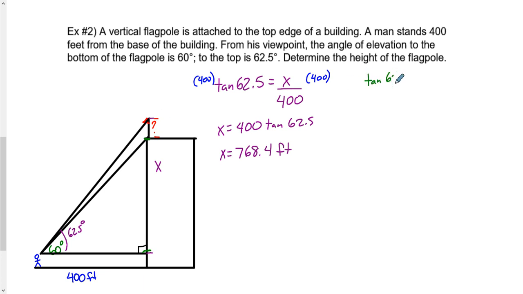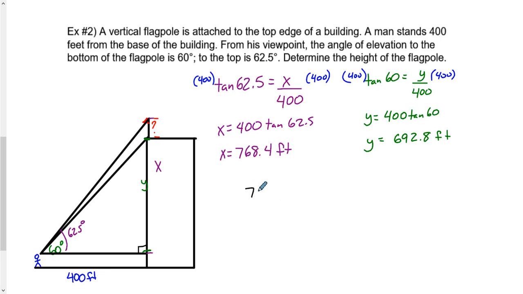Therefore, we can use the tangent of 60, which would equal, we'll call it y, opposite y over 400. Multiplying both sides by the 400, 692.8 would be fine for this case.